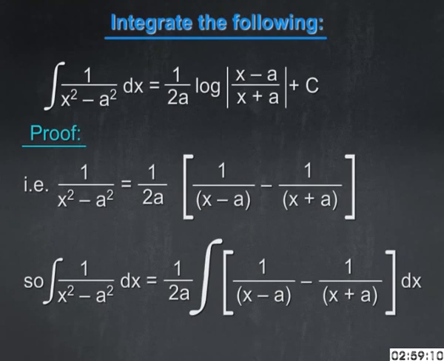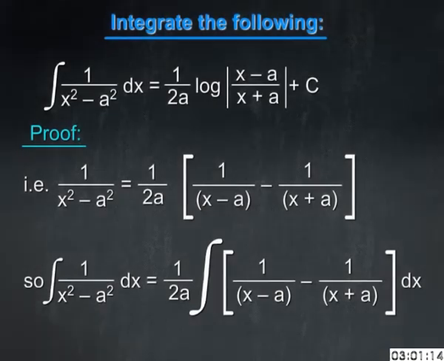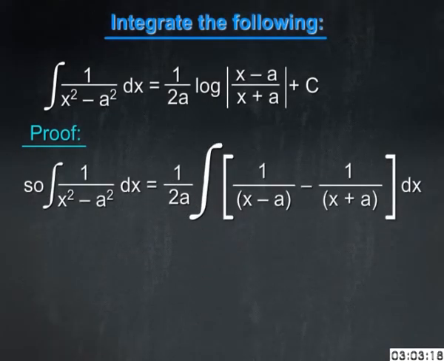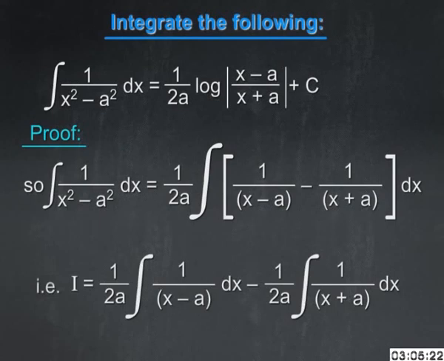So that is I is equal to 1 upon 2a into integral of 1 upon x minus a with respect to x minus 1 upon 2a integral of 1 upon x plus a with respect to x.